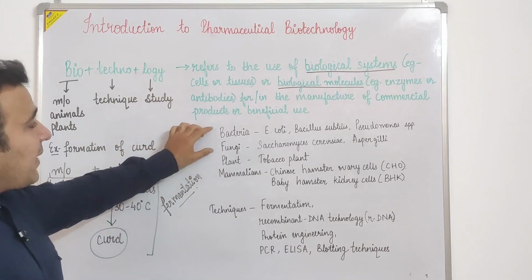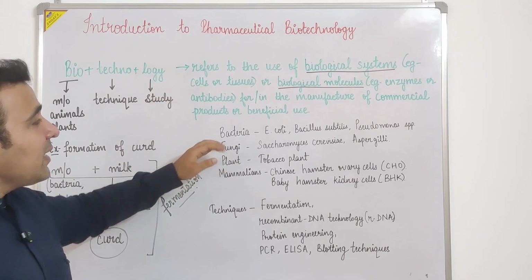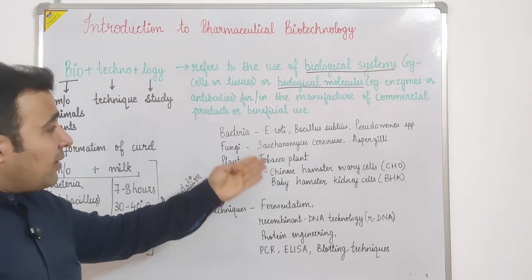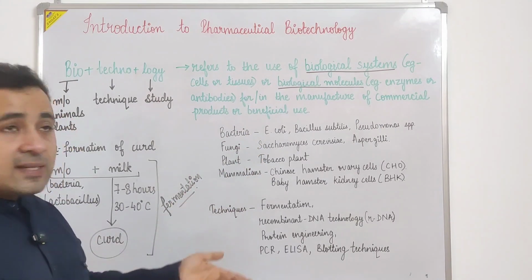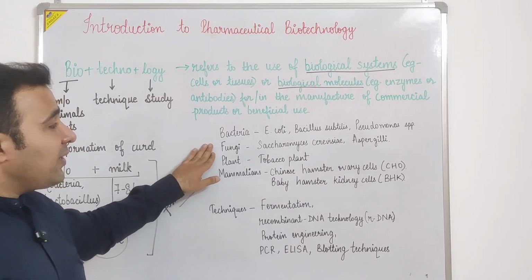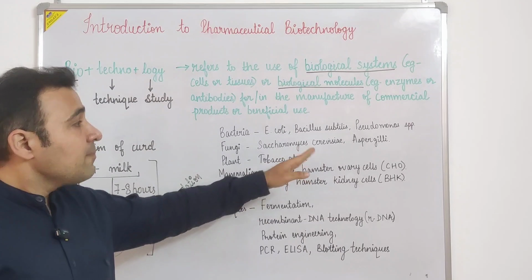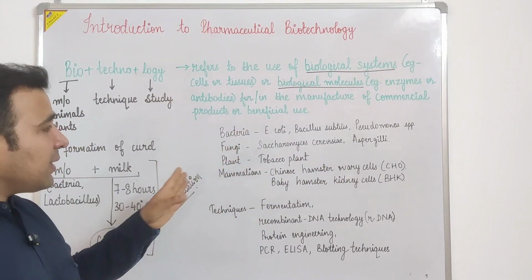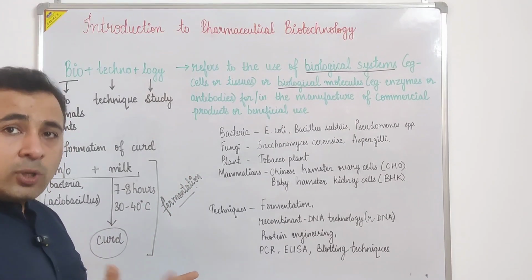Okay, so let's take few examples of the living organisms and the techniques which we generally use in biotechnology. So first take the microorganisms, which is bacteria. So the most commonly used bacteria in biotechnology are E. coli or Bacillus subtilis or the Pseudomonas species, and in fungi we take Saccharomyces cerevisiae or the Aspergilli, or there are many other examples. Here I am taking few examples just to inform you.